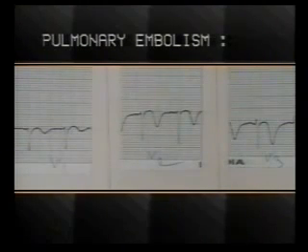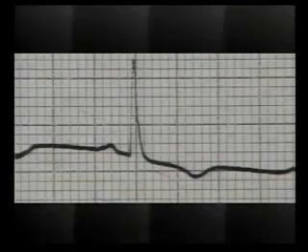Inverted T waves with raised ST segment as seen in myocardial infarct are seen in leads V1 to V3. This picture with inverted T waves in 3 and AVF suggests acute pulmonary embolism. But these changes are not diagnostic and have to be supported by clinical and other evidence.